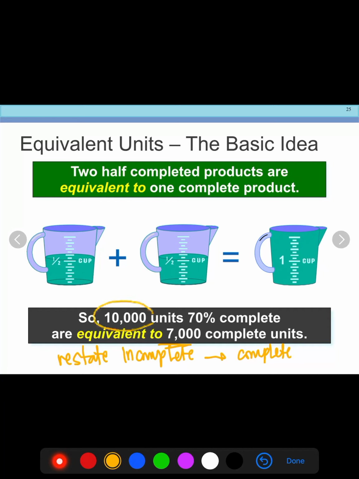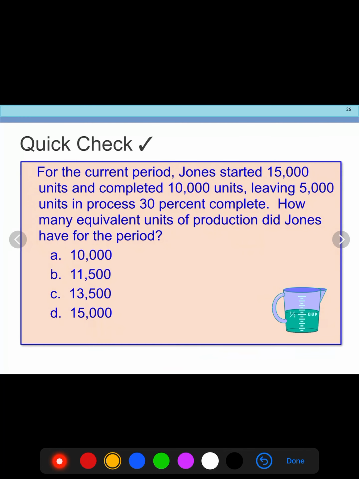Okay? So in this case, if it is completed, it's 10,000. But since the percentage of completion is just 70%, therefore, its EUP is just 7,000. You are considering the partially completed units and its percentage of completion.